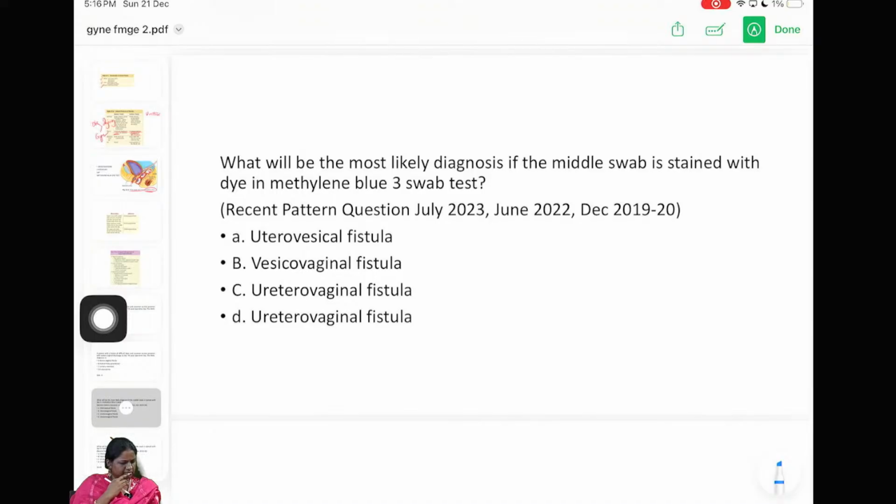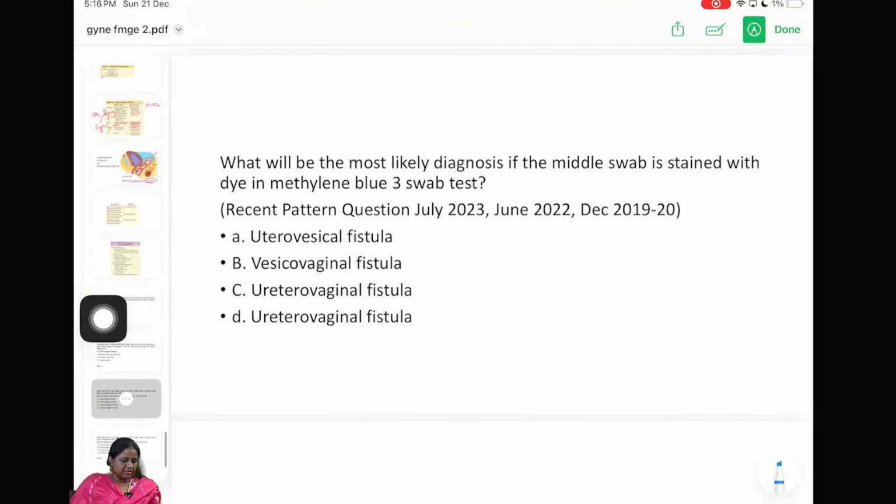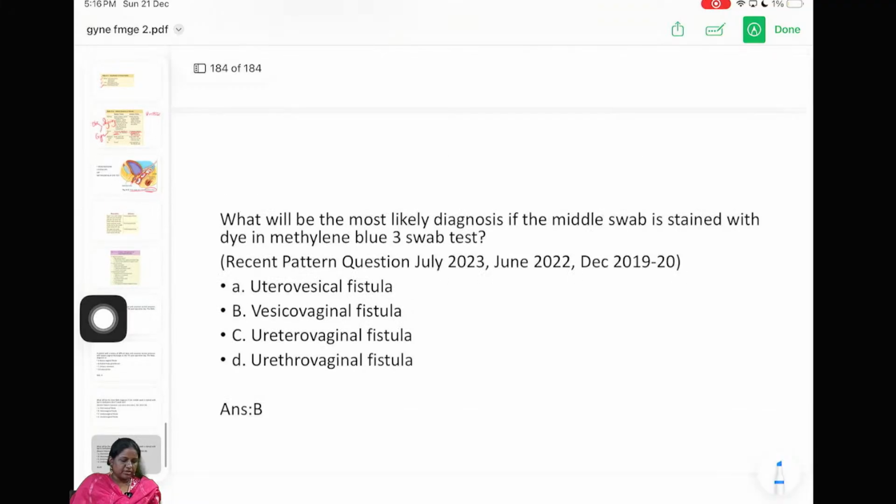Vesicovaginal. Where are you keeping the swab? Vagina only. Correct? First swab is from what? Ureter. Okay. Second swab is bladder. Third swab is urethral. Yes.